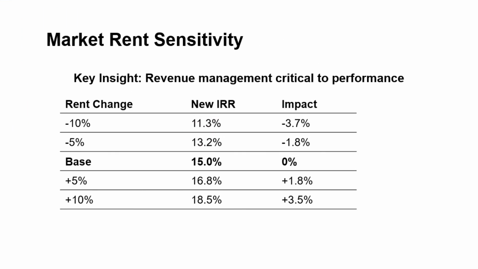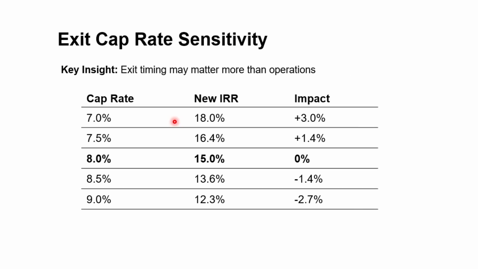Then let's look at the exit cap rate sensitivity. Here you can see a 7% exit cap rate increases IRR to 18%, a 3 percentage point gain, right? A 9% exit cap rate drops IRR to 12.3%, a 2.7 percentage point loss.